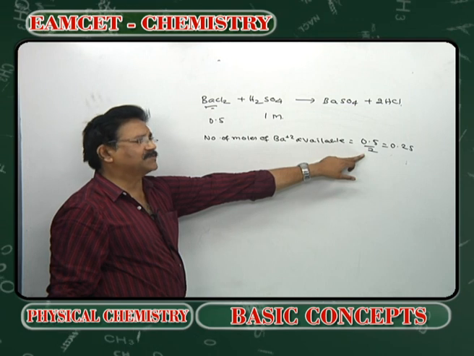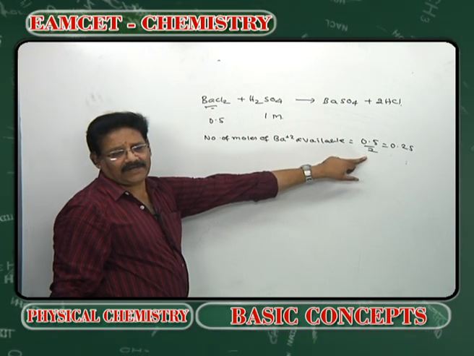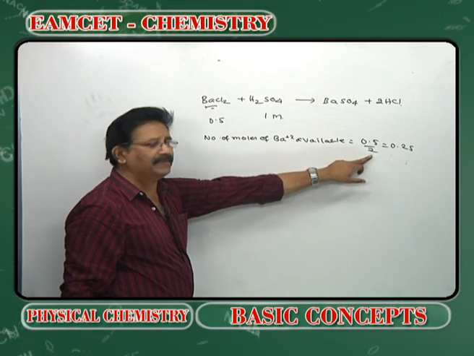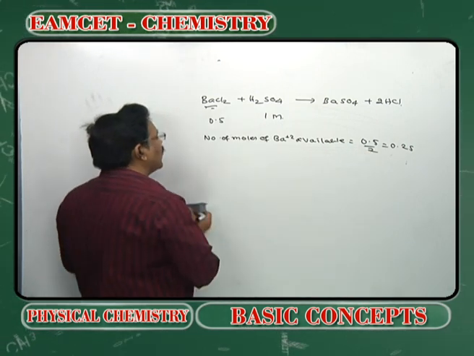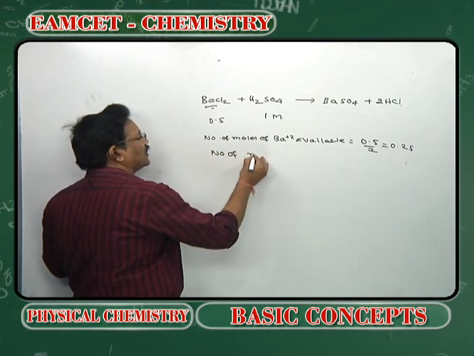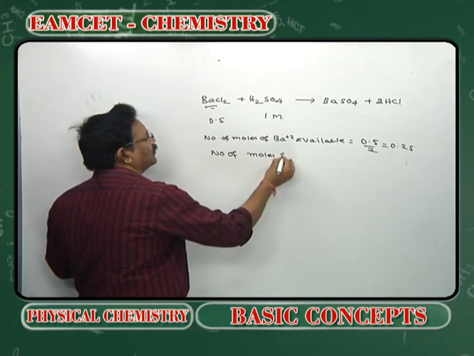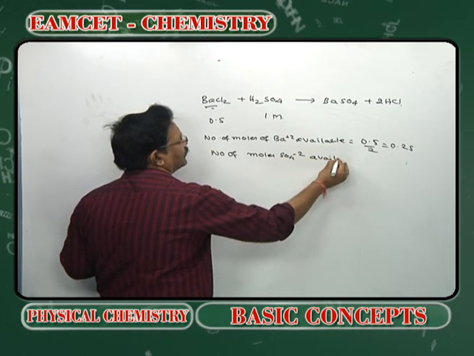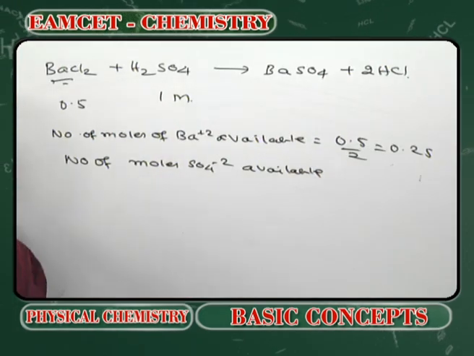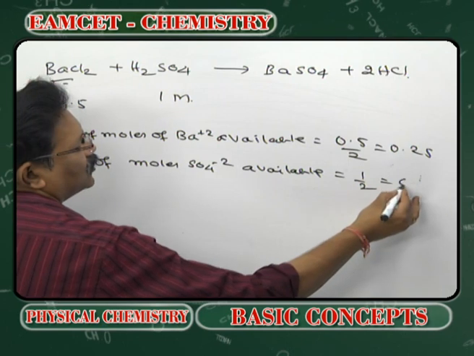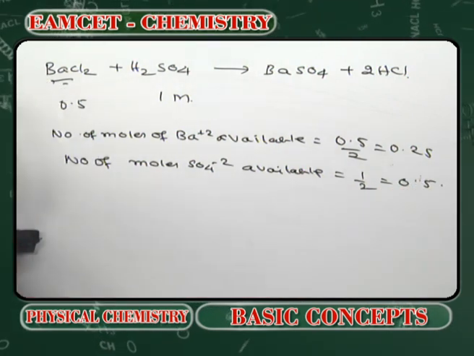When equal volumes of barium chloride and H2SO4 are mixed, the concentration will be reduced to half, and the number of moles of SO4 minus 2 available is 1 by 2, 0.5.